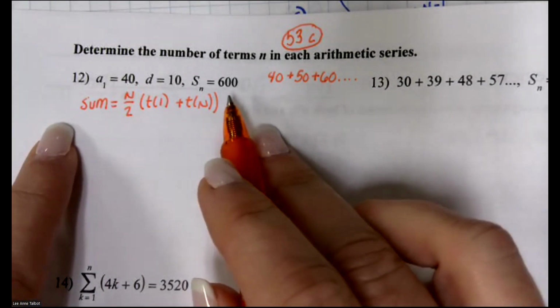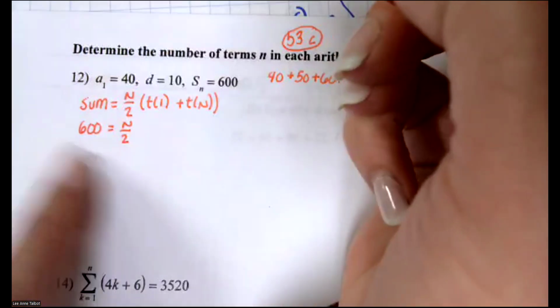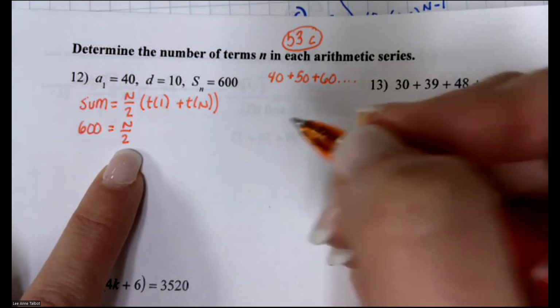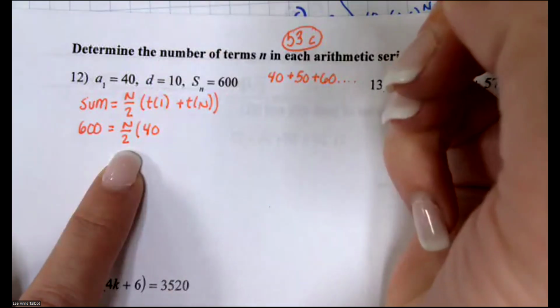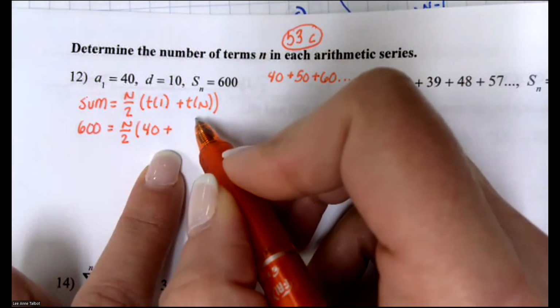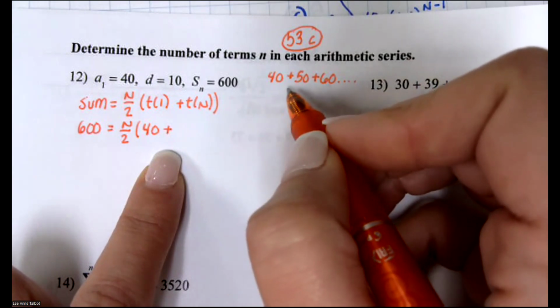Okay, so now it says the sum is 600 and n is what you're solving for. First term is 40. And the last term, I have to write the equation, but I'm going to write the equation in terms of term 0.